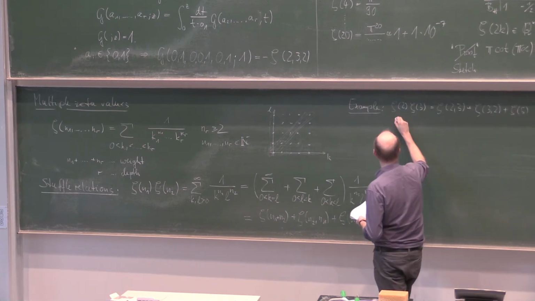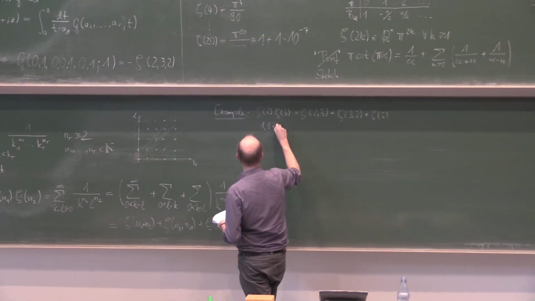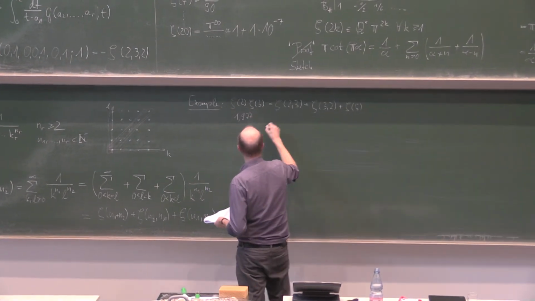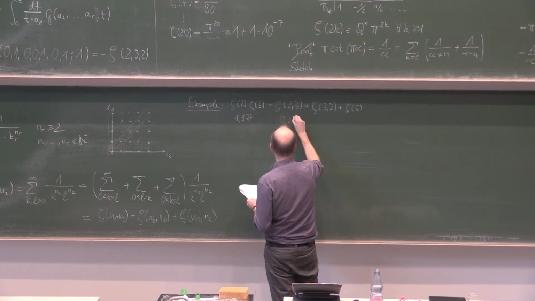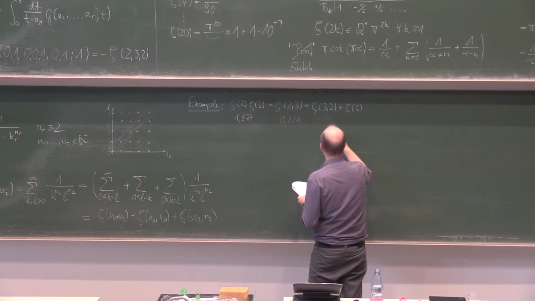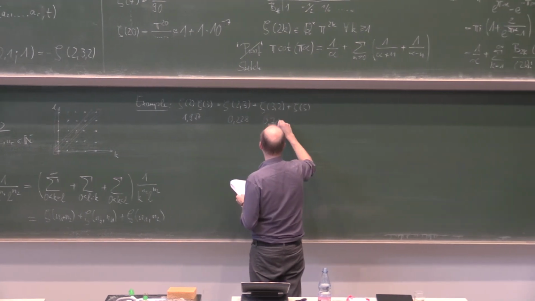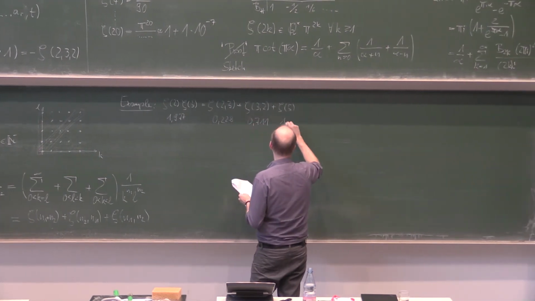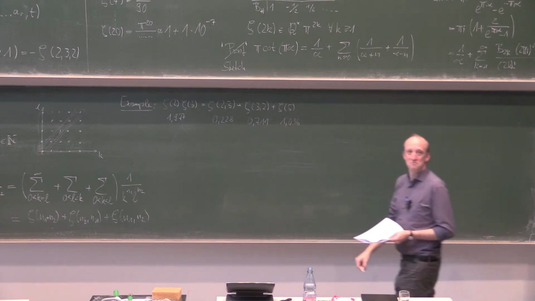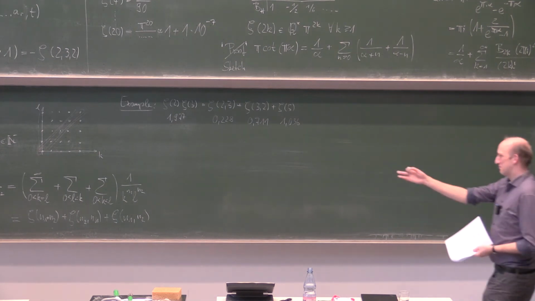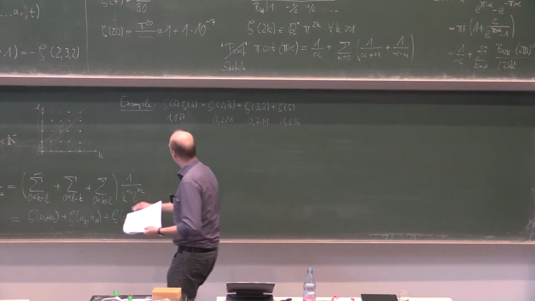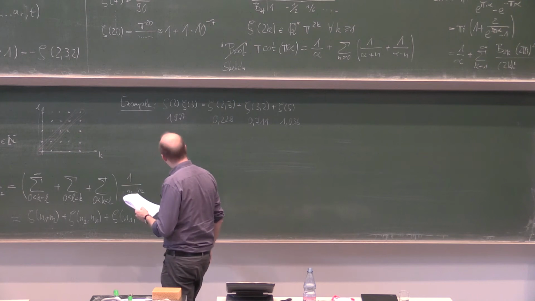And the numbers, that's 1.977, we'll get a 0.228, and we get a 0.711 here, and a 1.036 here. So one can check that this is actually correct.